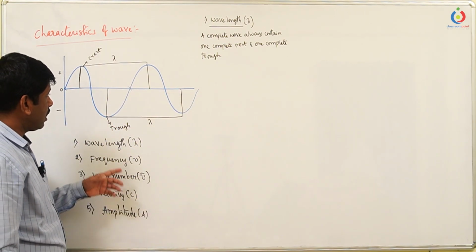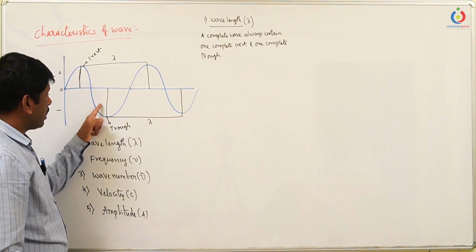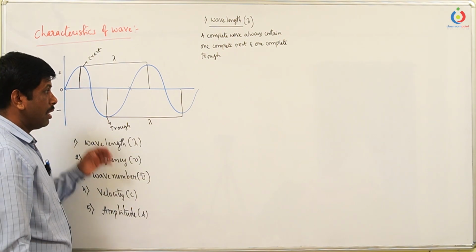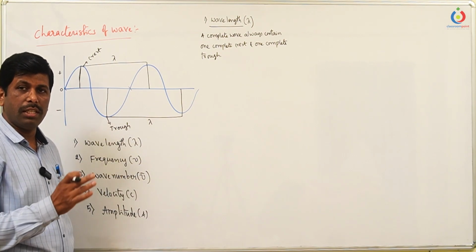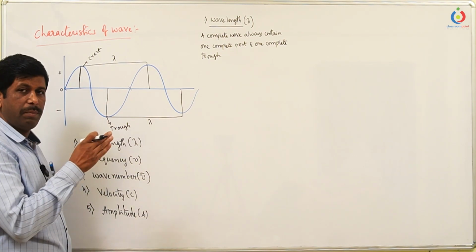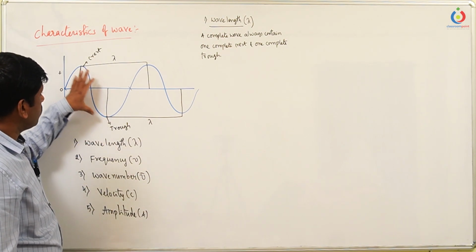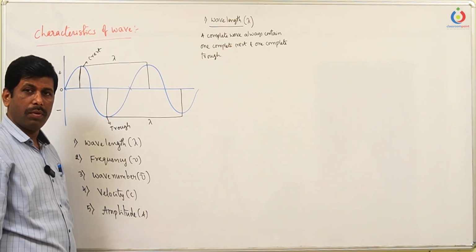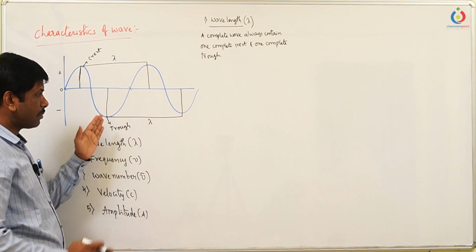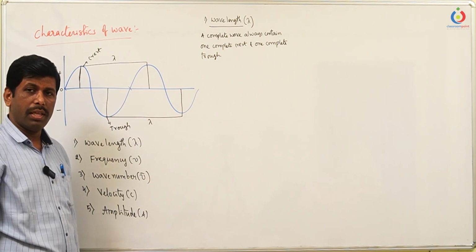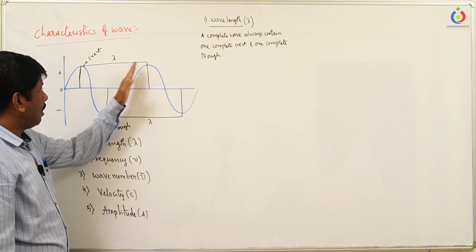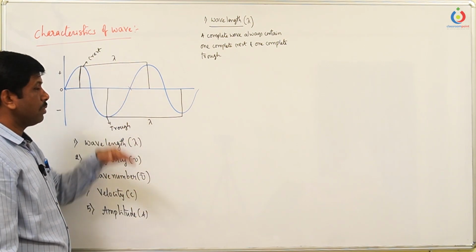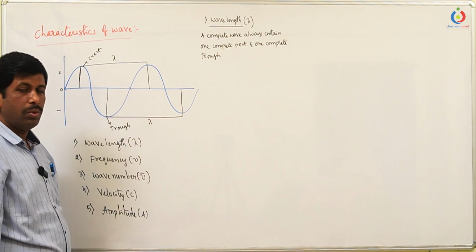And you must remember that whatever the height of the crest and depth of the troughs are, they remain the same as long as this wave is moving, unless there is a change in medium. If they are moving in the same medium, they maintain the same height of the crest and the same depth of the trough. That's why we can measure the wavelength at any part of the wave, by taking the distance between two successive crests or two successive troughs.